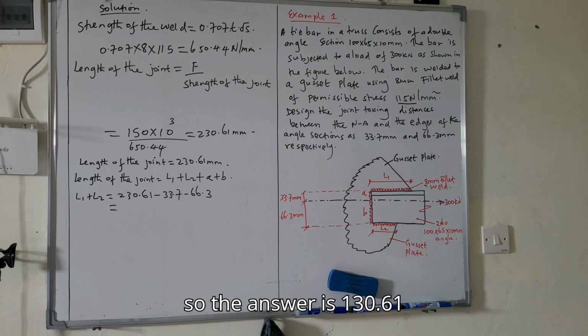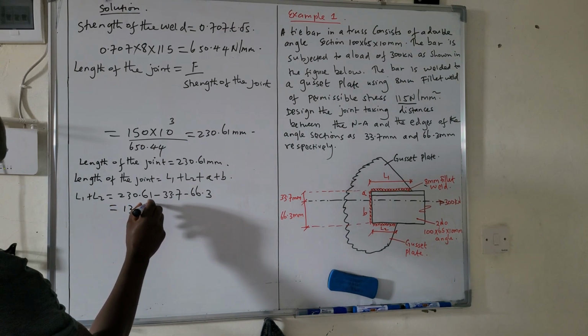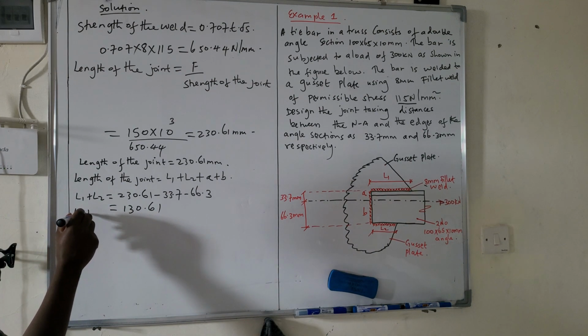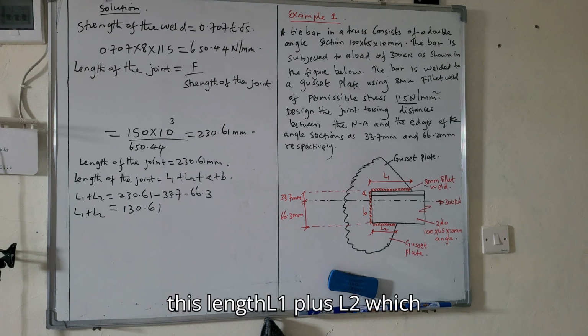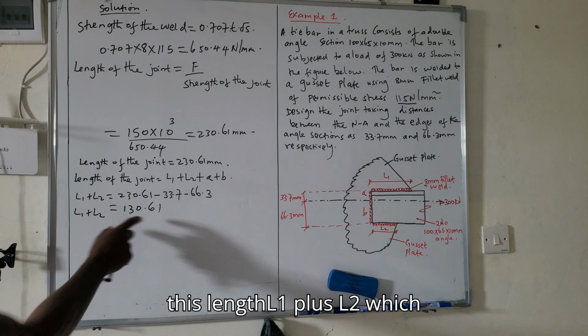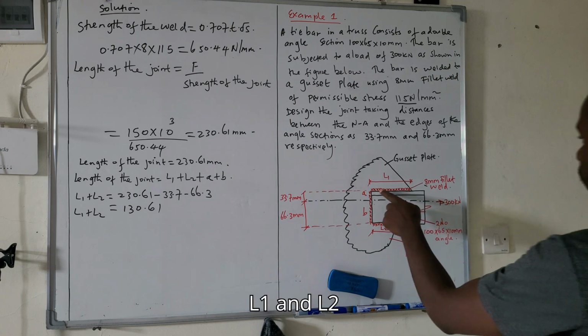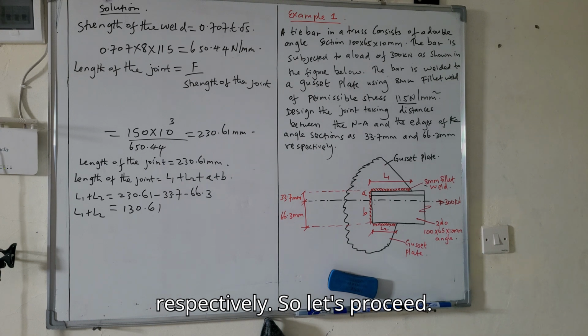So the answer is 130.61. So that is L1 plus L2. So we will use this length, L1 plus L2, which is 130.61, to obtain the length of L1 and L2 respectively. So let's proceed.